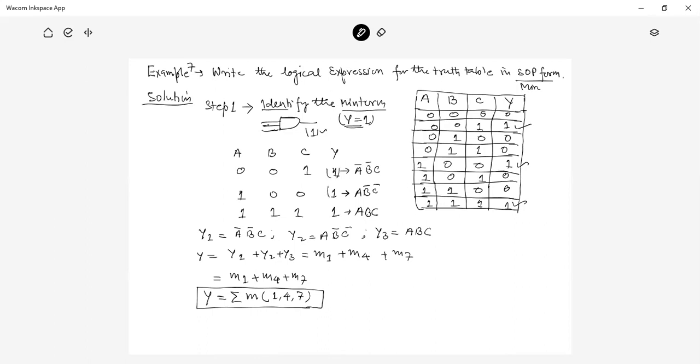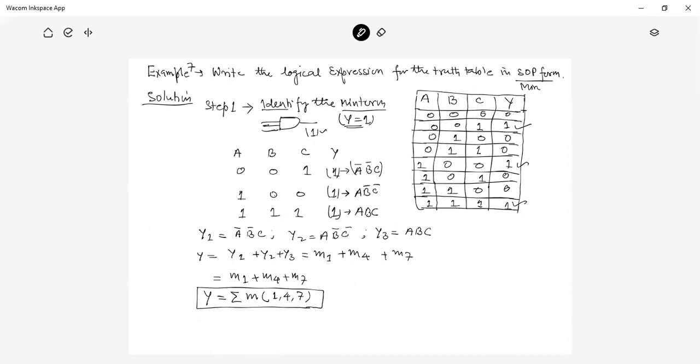Y is 1, and these inputs can be written as, here A is 0, B is 0, so A bar, B bar, C. So A bar, B bar, C, this is the first term. Here it is A, B bar, C bar. Here it is 1, 1, 1, so it is as it is.